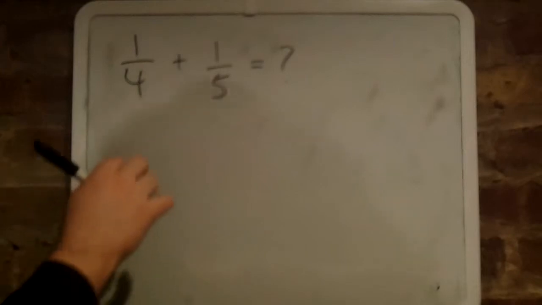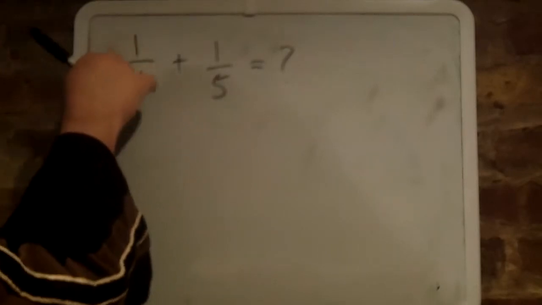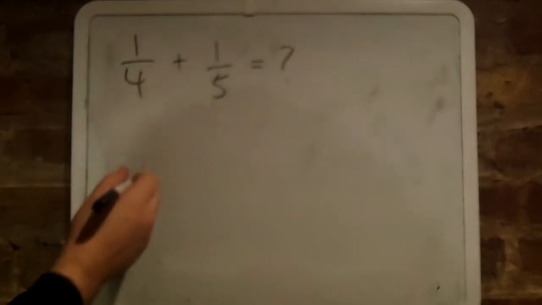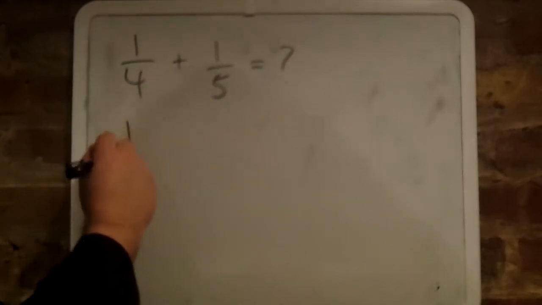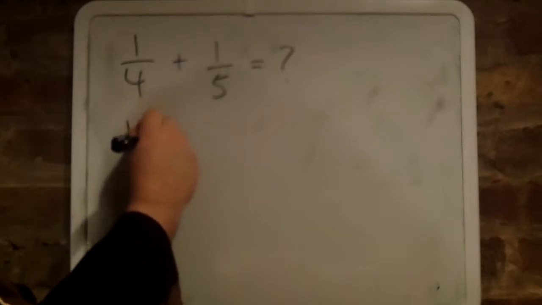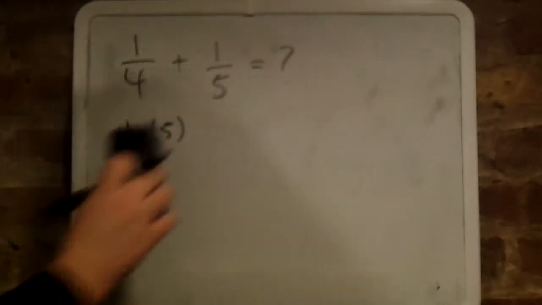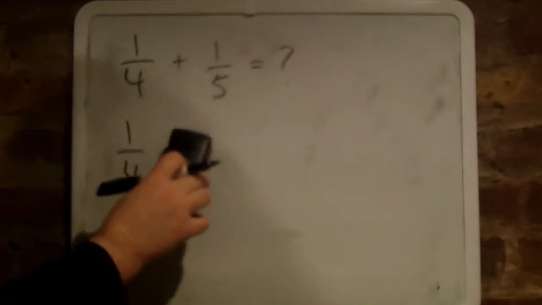What will always work is to multiply the first one by the number on the bottom of the other. I should use the multiplication symbol.